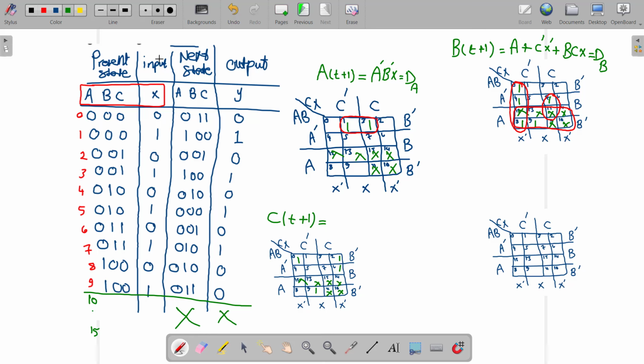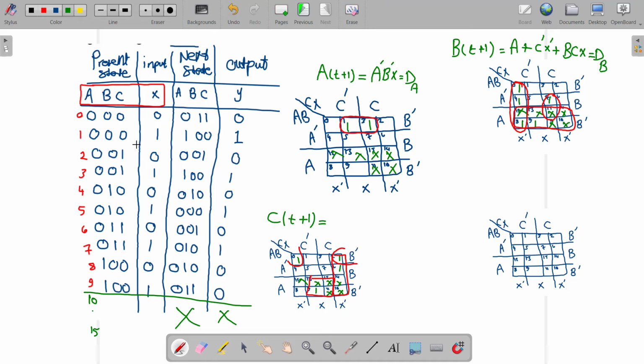Now again, we have to produce the maximum possible ones. Again, you can see that here we have 4 ones. Here we have another 4. And also here, these two are the groups.